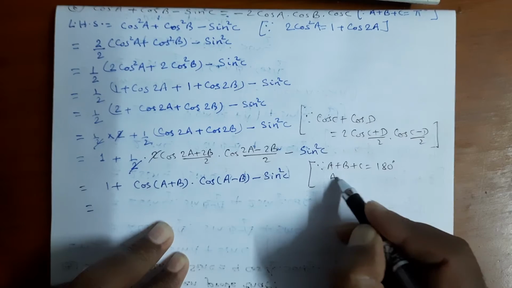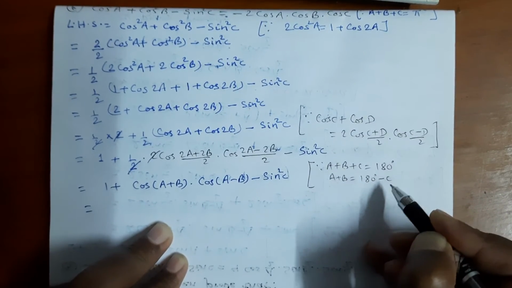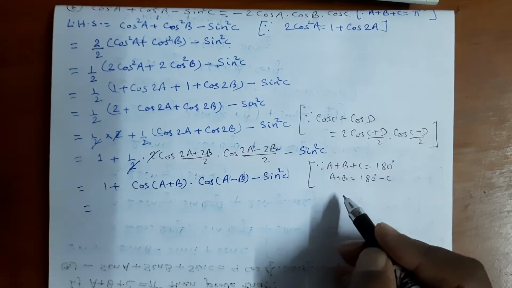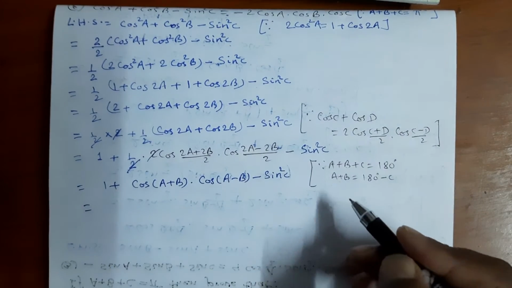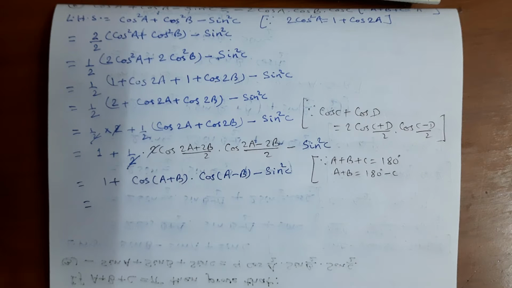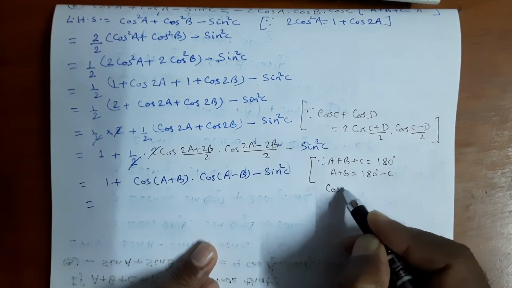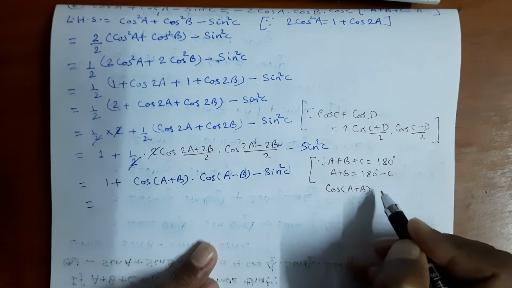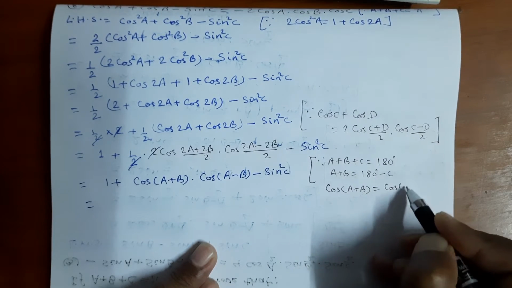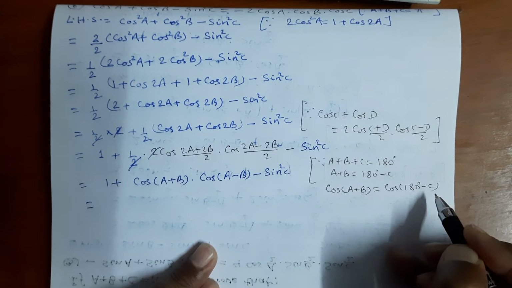So a plus b equals 180 degree minus c, and cos a plus b equals cos of 180 degree minus c. 180 degree minus c lies in the second quadrant.